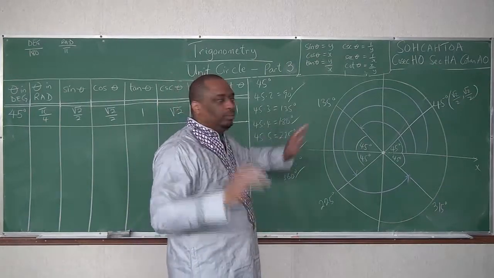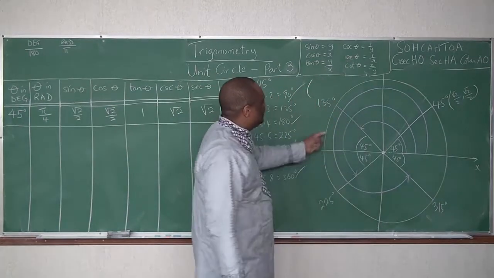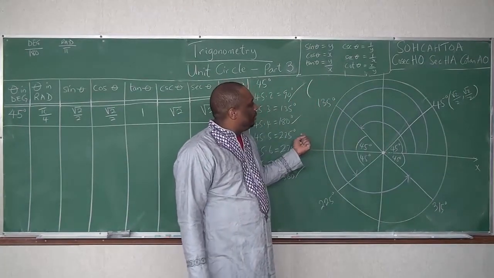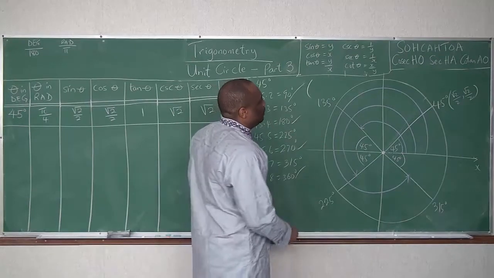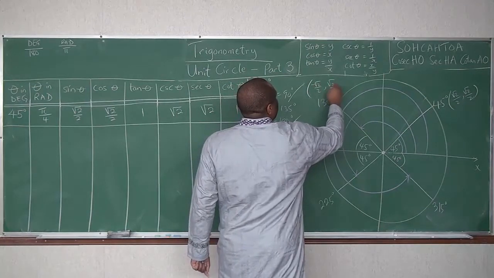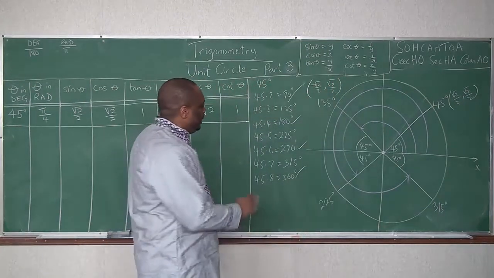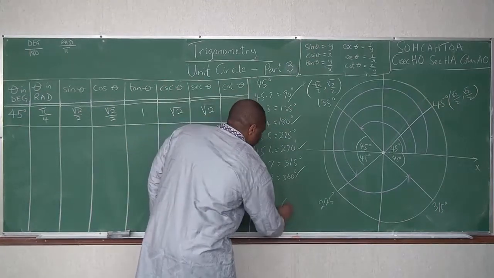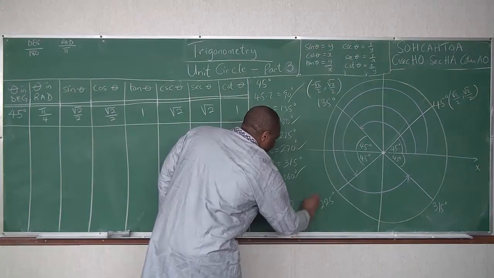Now, as we did the other time, what is this? This is the second quadrant, which means x is negative, but y is positive. So this is negative root 2 over 2, then root 2 over 2. Here, both of them are negative: negative root 2 over 2, negative root 2 over 2.